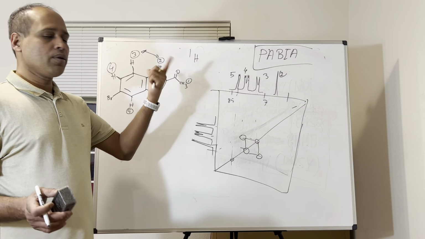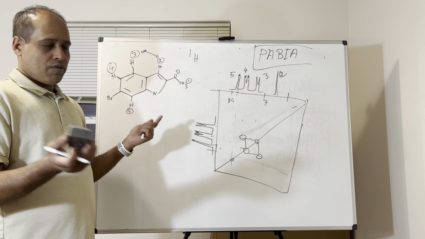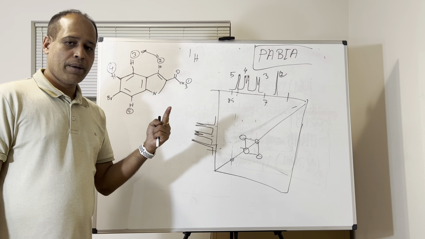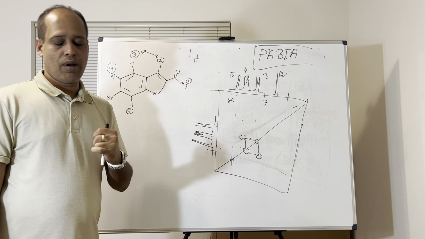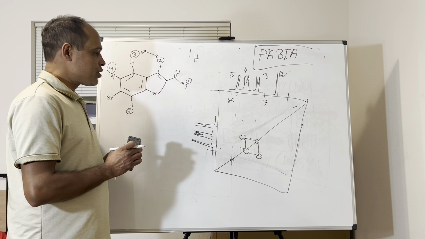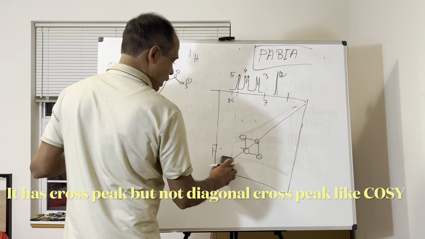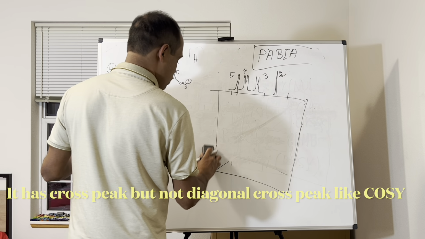So ultimately you will get the structural view by taking proton NMR, carbon NMR, and also COSY and NOESY. Okay, now if we want to take the HSQC, HSQC is not like the cross peak anymore.